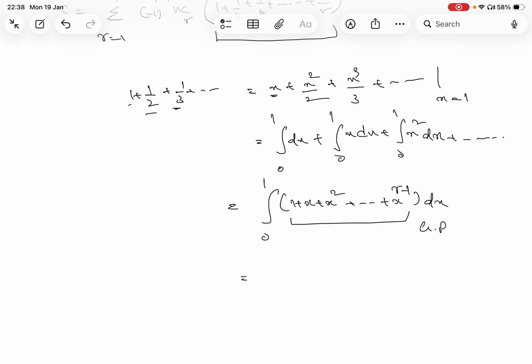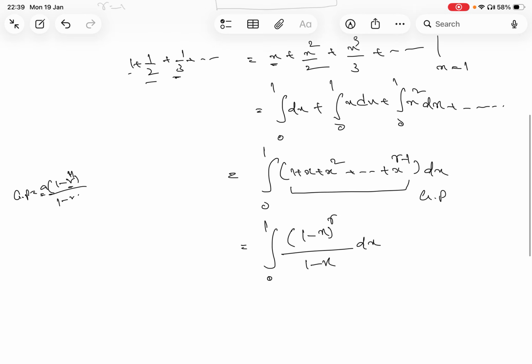So it will be a into 1 minus x whole power r by 1 minus x, where a is 1. The formula is a into 1 minus r power n by 1 minus r, where a is the first term, r is the common ratio, and n is the number of terms, into dx.